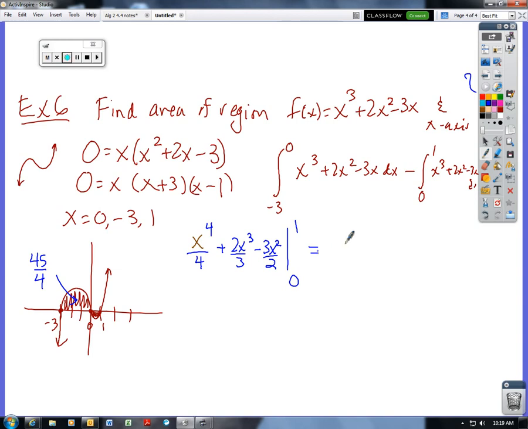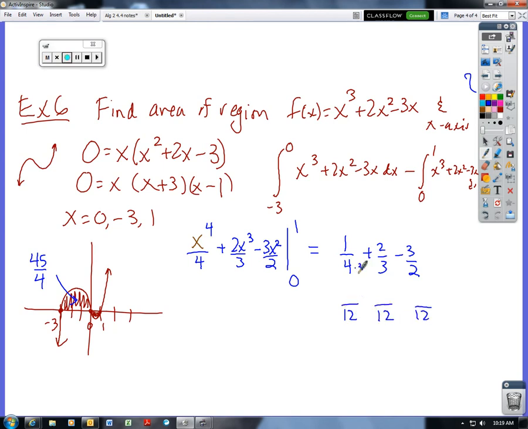So 1 to the 4th is 1 over 4, 1 cubed, so 2/3. Plug 1 in, 3/2. Just checking my math. And then if you plug 0 in, thankfully, it's just going to be 0. So now none of these reduce. So we're going to have to get a common denominator of 12.